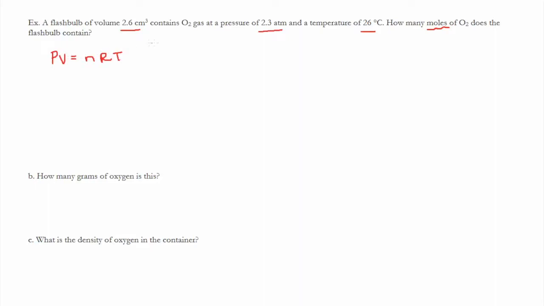Remember, your R value, your constant, is 0.0821, and the units are liters times atmospheres over Kelvin times moles. The pressure must be in atmospheres, so I have 2.3 atmospheres. Notice my volume must be in liters.